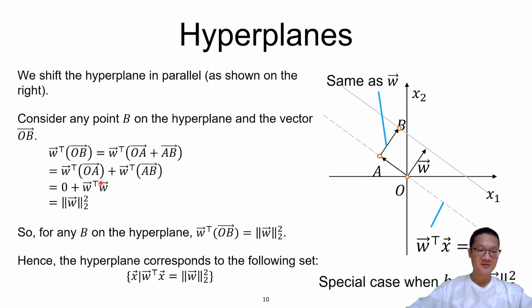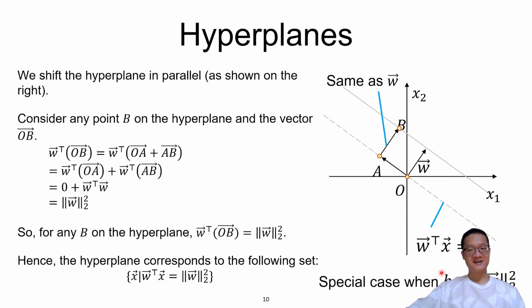And then W transpose OA gives us 0, so then we only have W transpose AB. While AB is the same as W, so then we had W transpose W, which is the 2 norm of W squared. And that basically told us that any point on this line, which is shifted up, is going to have the property that W transpose OB will be the 2 norm of W squared.